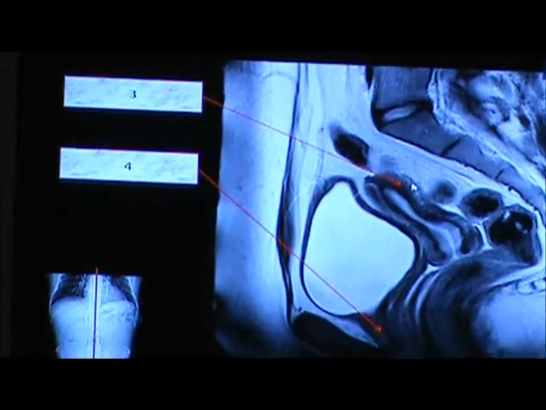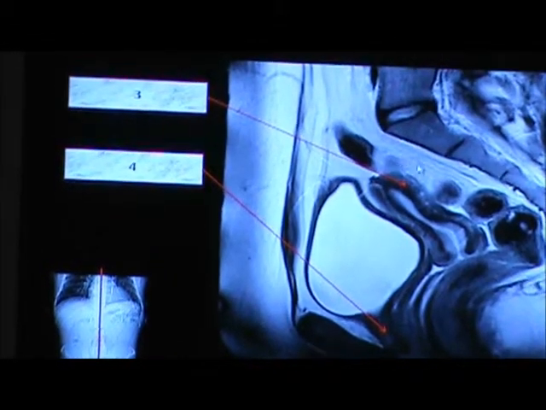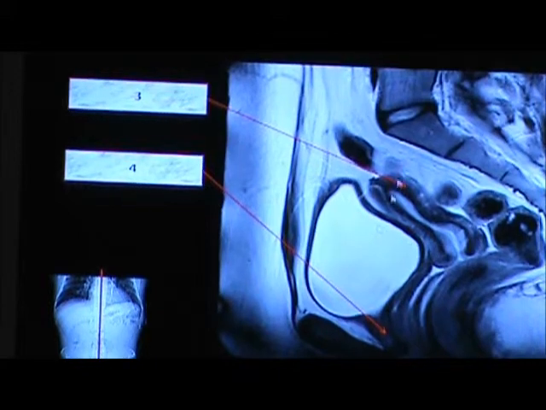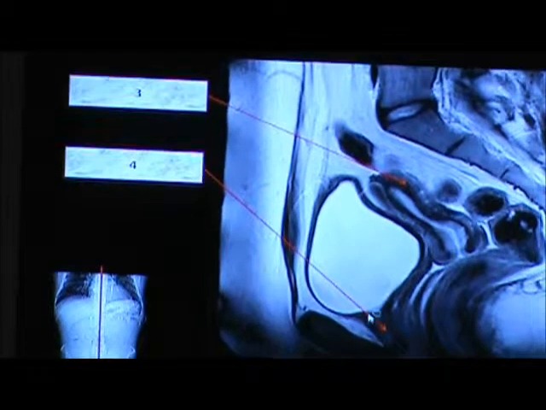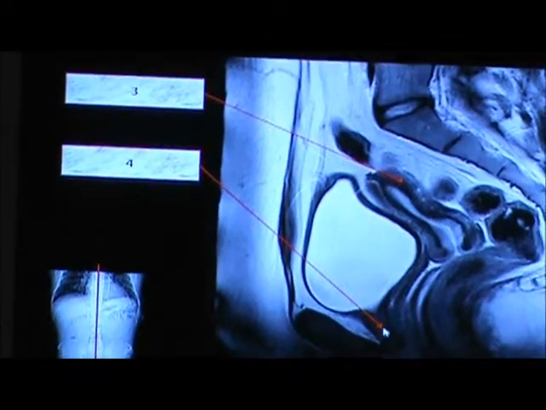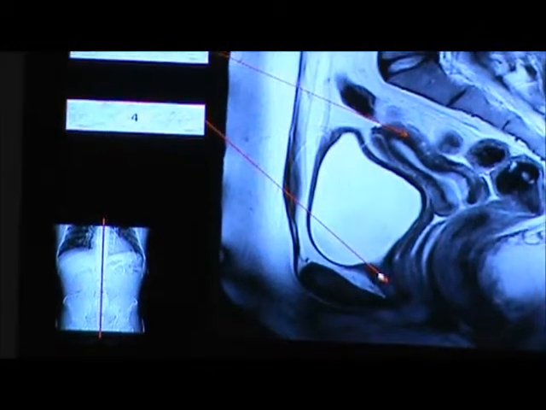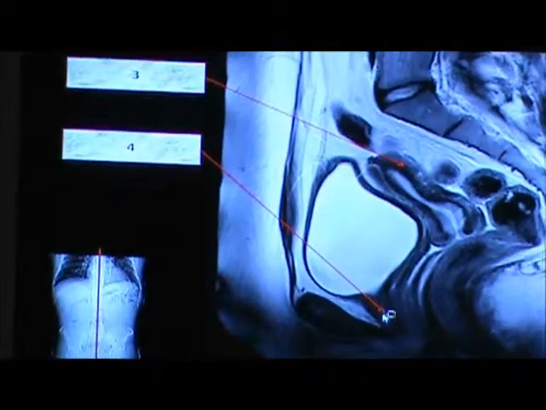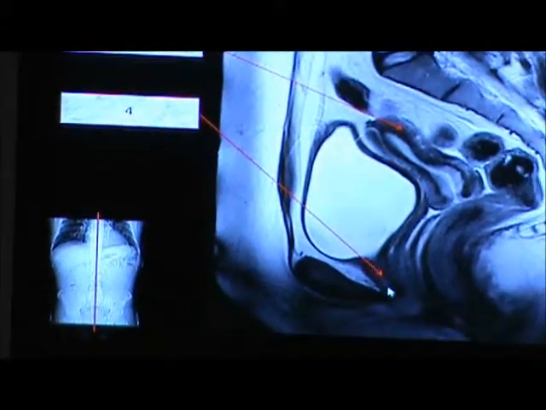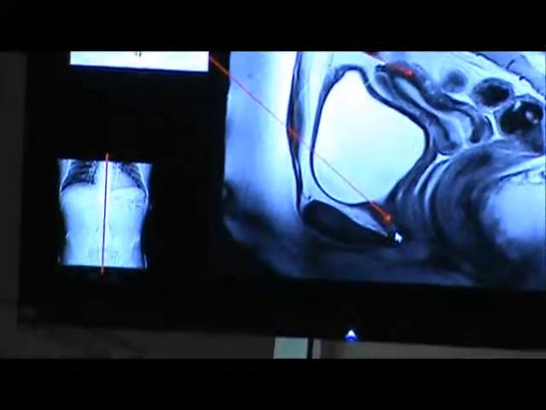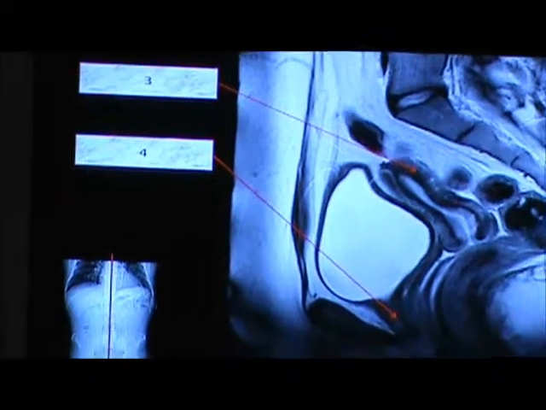Posterior is the intestinal wall, yes? Vesical and intestinal. And the fourth is the female urethra. Female. Yes. You always have to distinguish the sex of the urethra.